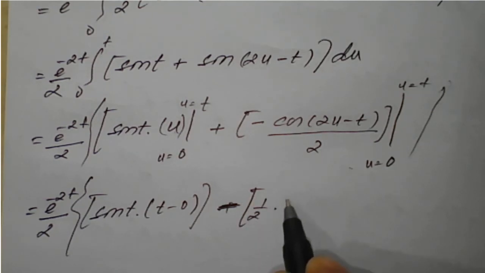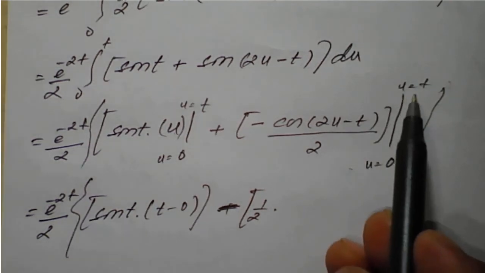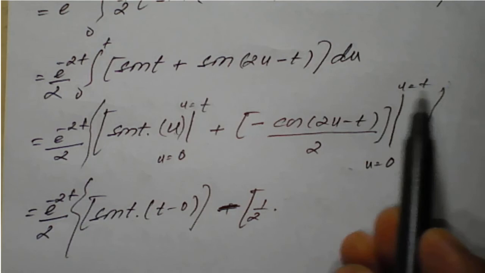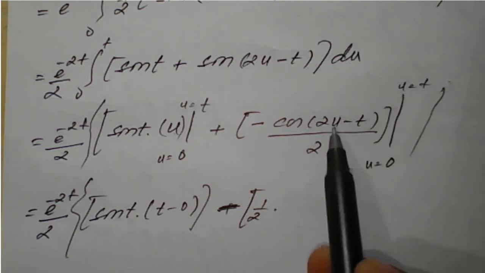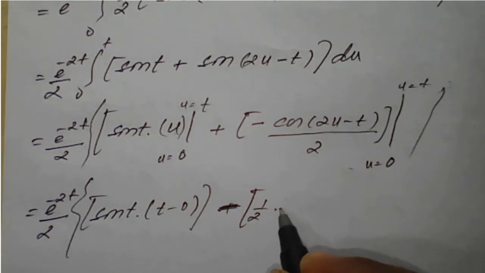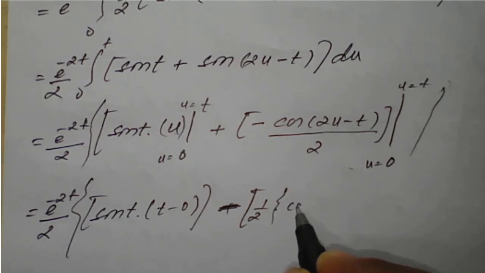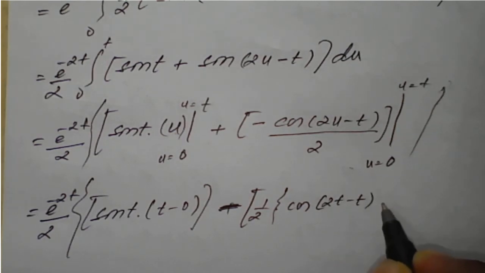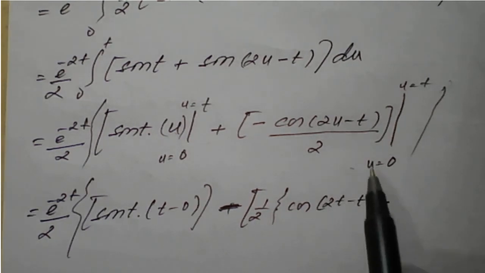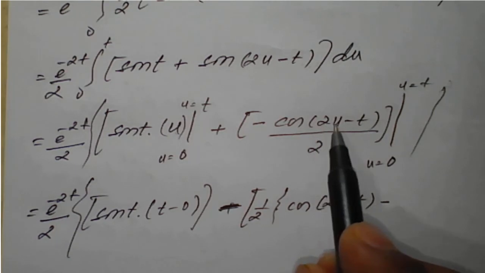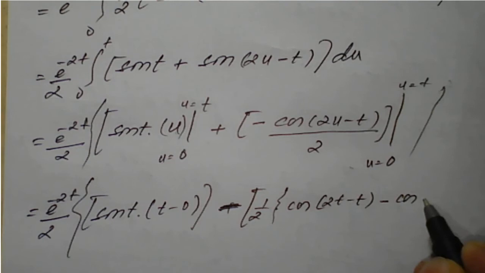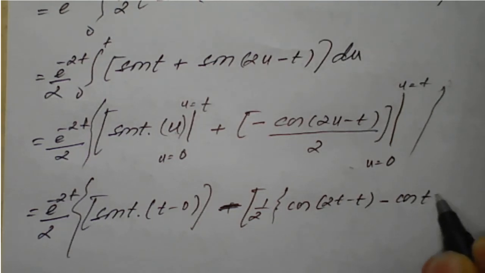If you apply the upper limit, u will be replaced by t, so it becomes cos of 2t minus t. Minus, if you apply the lower limit, u will be replaced by 0, 2 into 0 is 0, so cos of minus t, and cos of minus t is nothing but cos t.